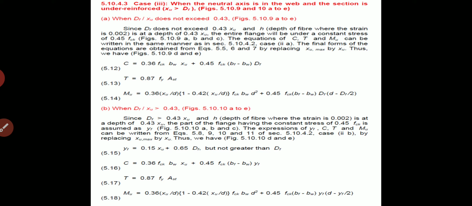In part 2, when Df upon Xu is greater than 0.43, since Df is greater than 0.43 Xu, and H, which is the depth of fiber where the strain is 0.002, is at a depth of 0.43 Xu, the part of the flange having the constant stress of 0.45 fck is assumed as Yf.